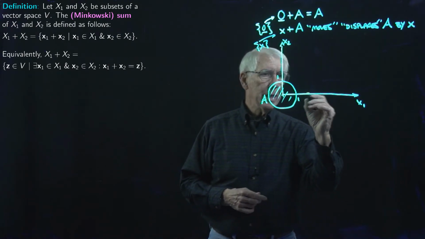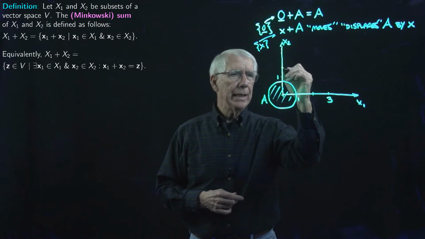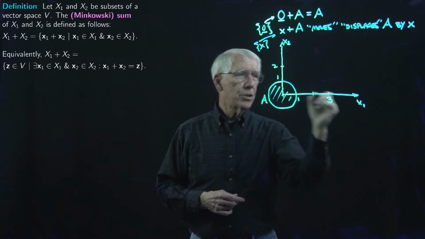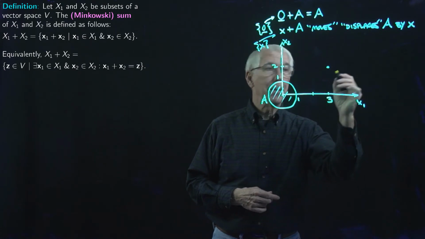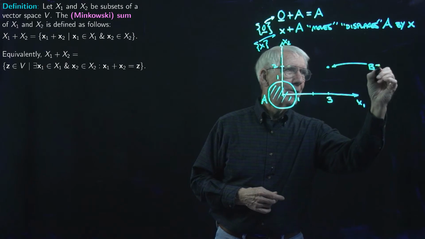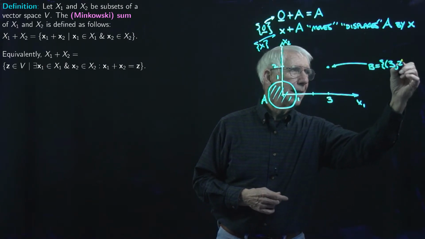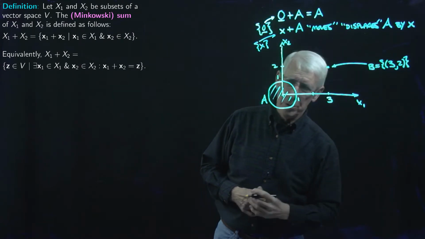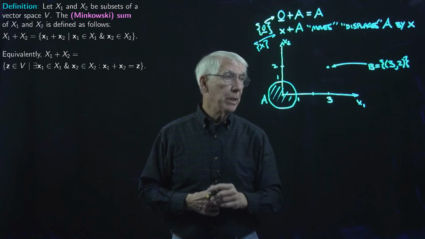And let's say B is (3, 2). So B is this vector here. This consists of just (3, 2). And so what's B plus A, or A plus B?